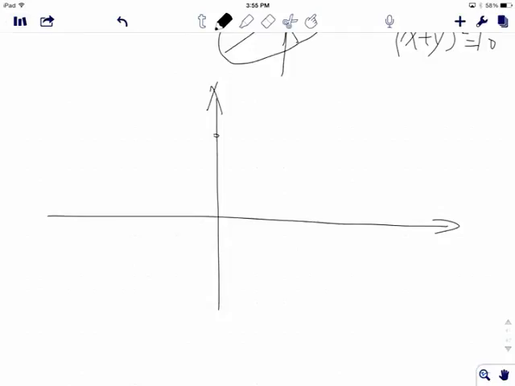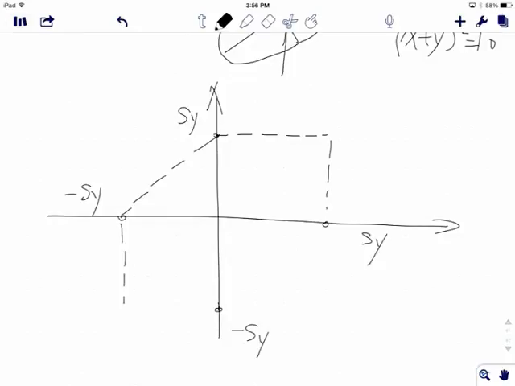Okay, so again, SY here, SY here, minus SY here, and also here you have minus SY. Let me use the dotted line for maximum shear stress.